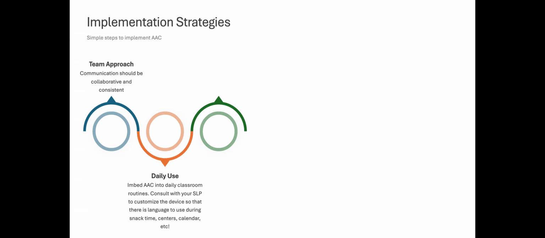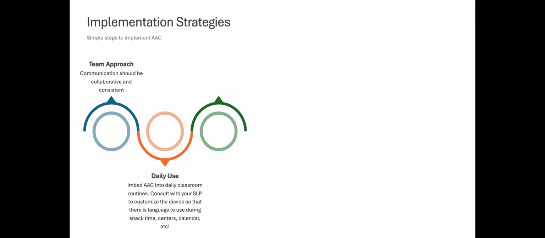Daily use is so important. Embed AAC into your daily classroom routines. That's morning meeting. If you have any classroom helpers during different lessons, try to embed AAC as much as you can during shared reading tasks.